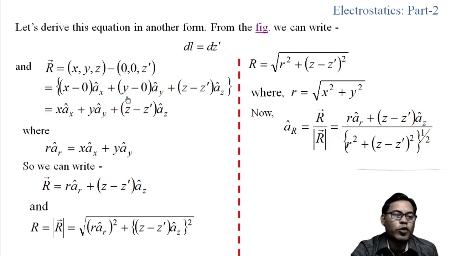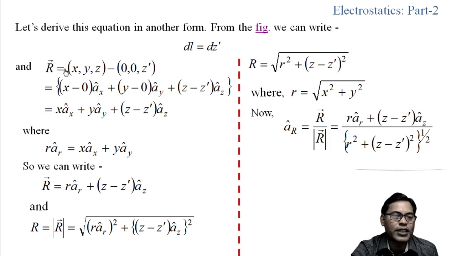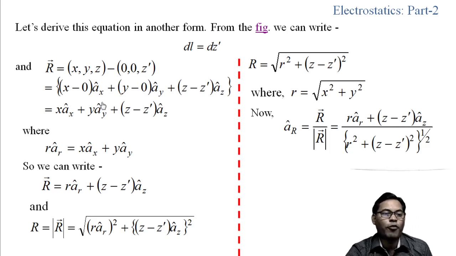So x, y, z minus 0, 0, z prime gives us the expression of R. So x minus 0 ax plus y minus 0 ay plus z minus z prime az. From that we get x ax plus y ay plus z minus z prime az.